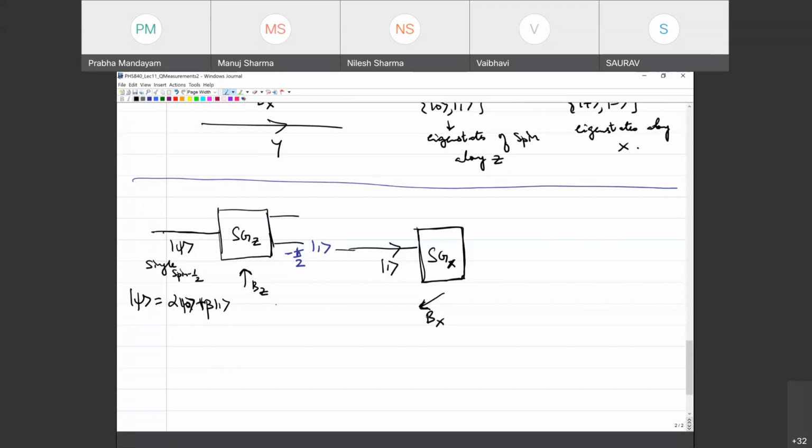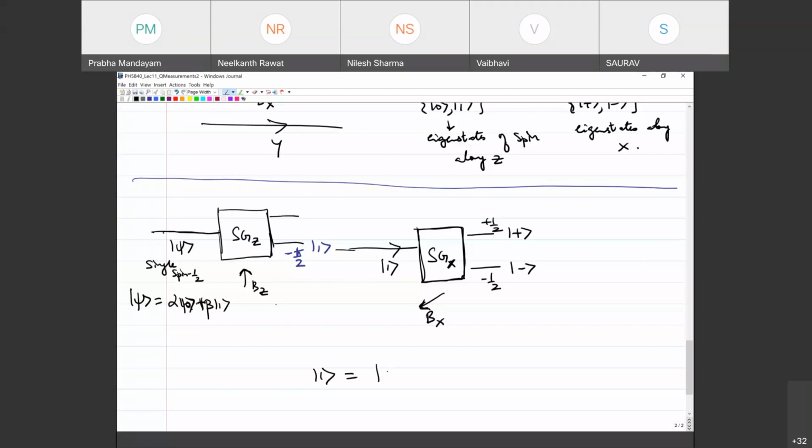What are the two output states corresponding to that? The ket plus and the ket minus, right? So I could either get a plus half along X, which is ket plus, or a minus half along X, which is ket minus. Both of these happen with some probabilities. Note that ket 1 can be written as a superposition of plus and minus.